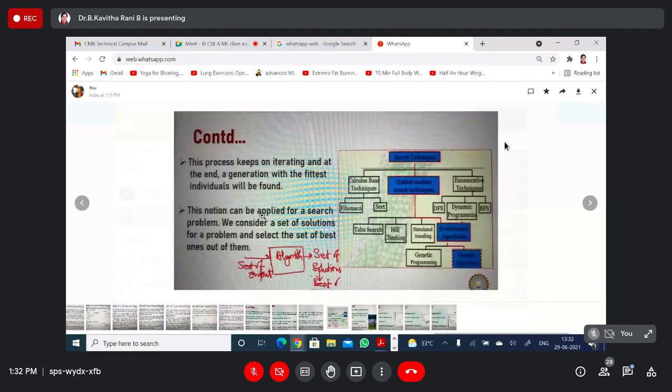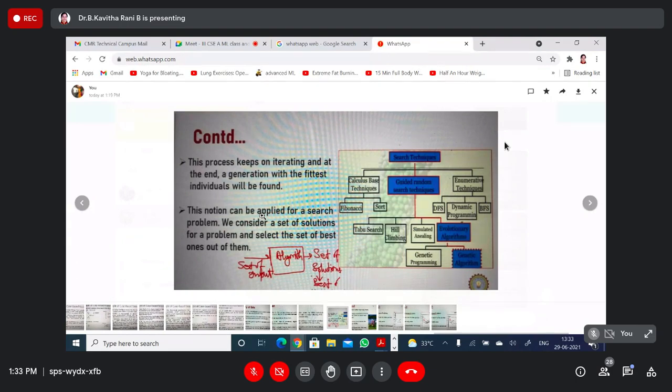This process keeps on iterating, and at the end, a generation with the fittest individuals will be formed. In one iteration, it gives us some output, and if the solution is not accurate or optimal, it will iterate again and give one more output.